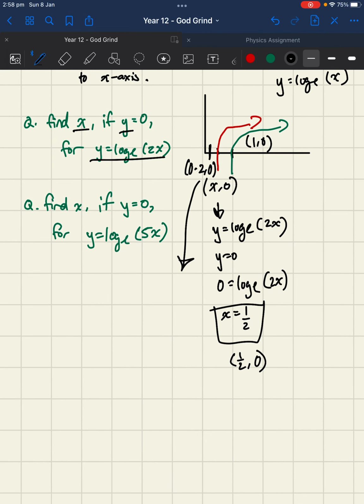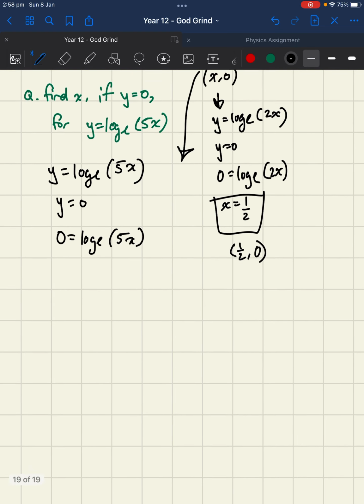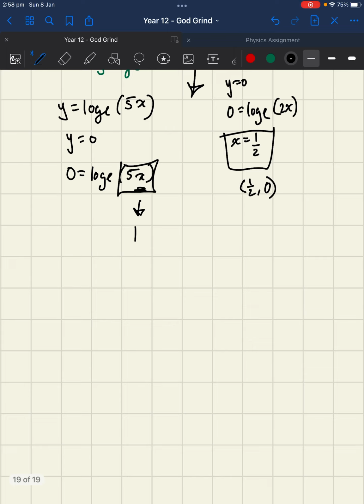So let's see. When we substitute y equals log e of 5x, and we say y is equal to 0, find x, we can say 0 equals log e of 5x. So we need to find something for x which will turn this whole thing here into 1. And guess what? It's an easy thing.